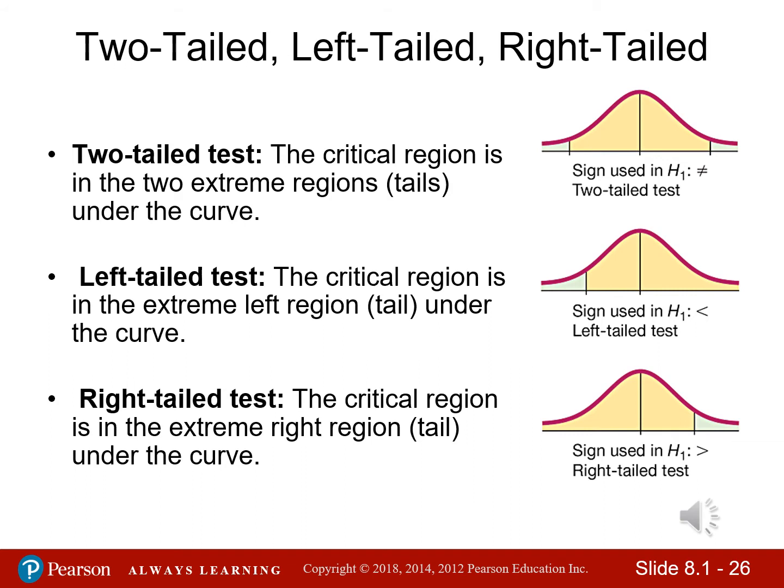And so we can say the following. For a two-tailed test, the critical region is in the two extreme regions or tails under the curve. For a left-tailed test, the critical region is in the extreme left region or tail under the curve. And for a right-tailed test, the critical region is the extreme right region or tail under the curve.